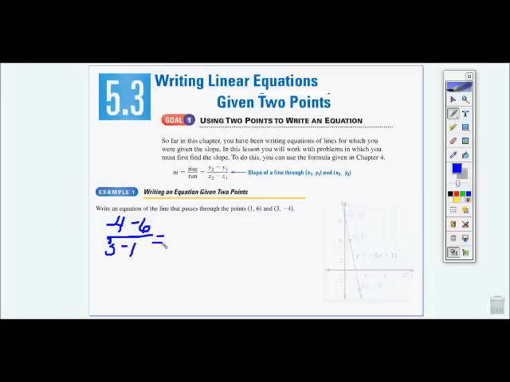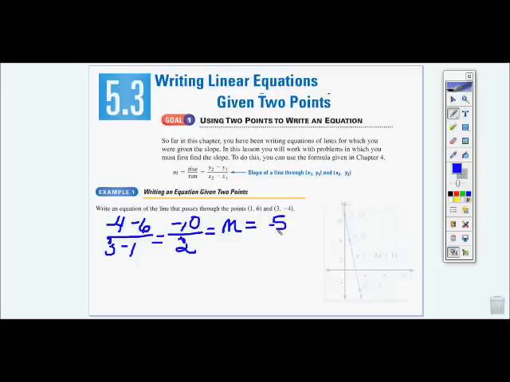If I have -4 minus 6, I'm going to have -10. 3 minus 1 is 2. And so my slope is going to be m equals -5.